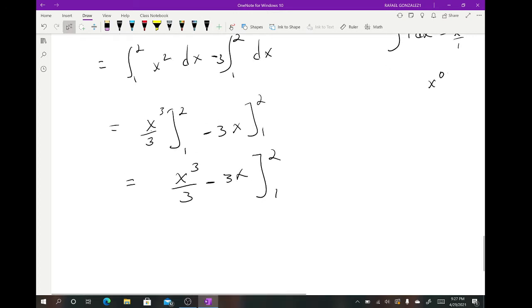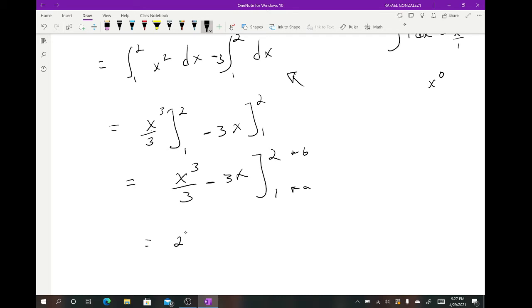And again, you could have done this in one step, but I just want to remind you that you could split the integral. Okay, so now when you apply the fundamental theorem, remember, you're going to do f of b minus f of a. This is b, this is a. So you're going to plug in 2 wherever you see an x, and then 1 wherever you see an x.